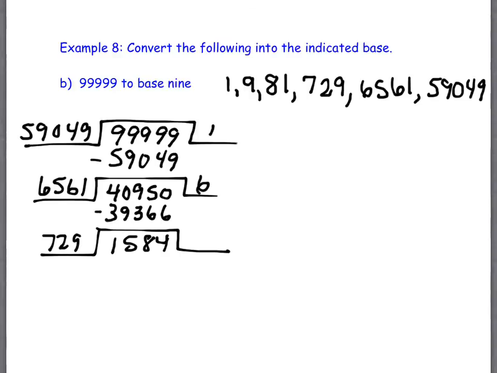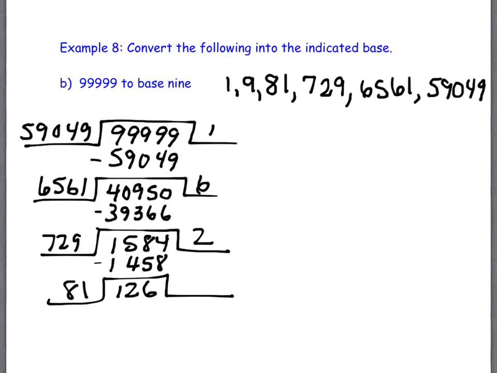Next power is 729. How many times will 729 go into 1584? 2. What is 2 times 729? 1,458. Perfect. And if we subtract, what do we get? 126 is correct. Good. My next power is 81.